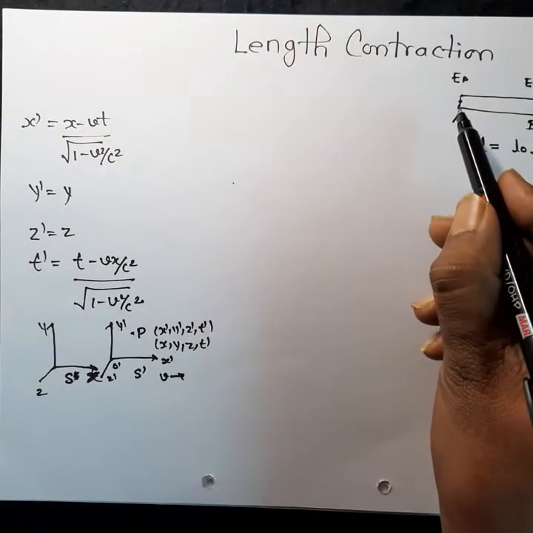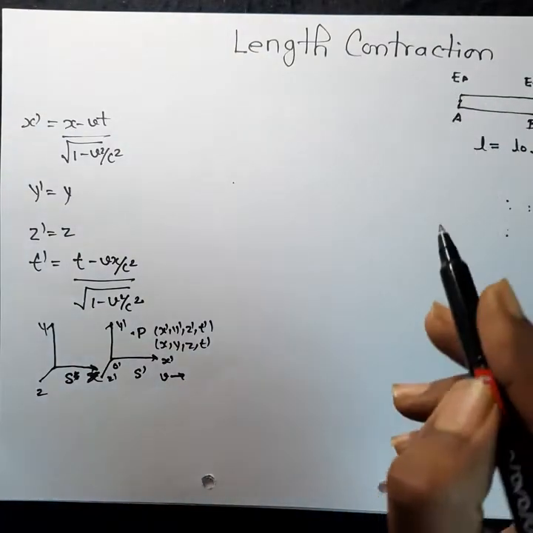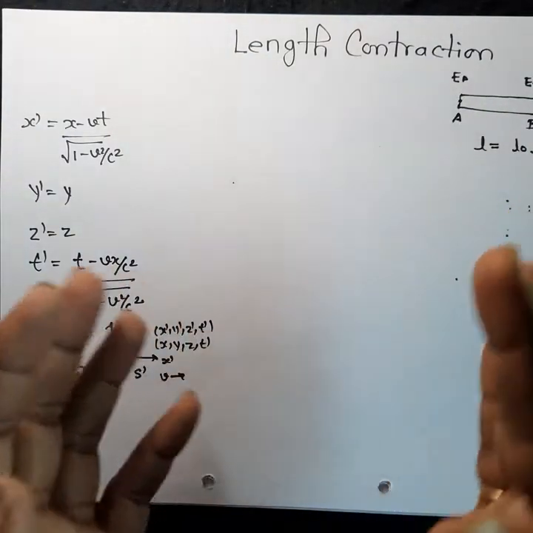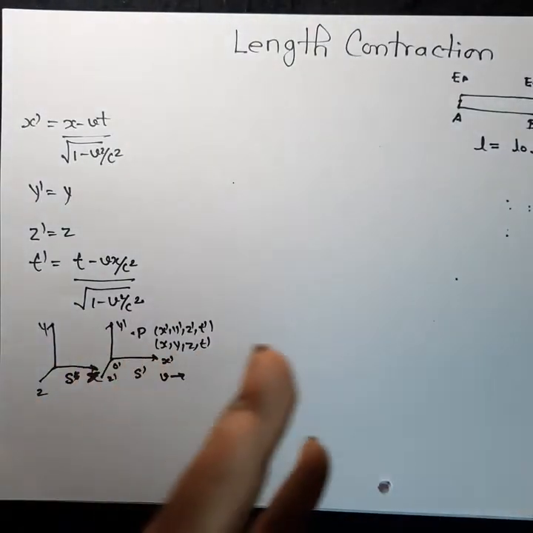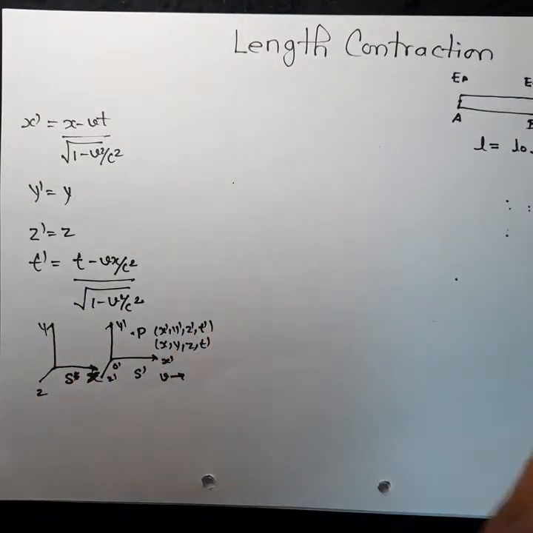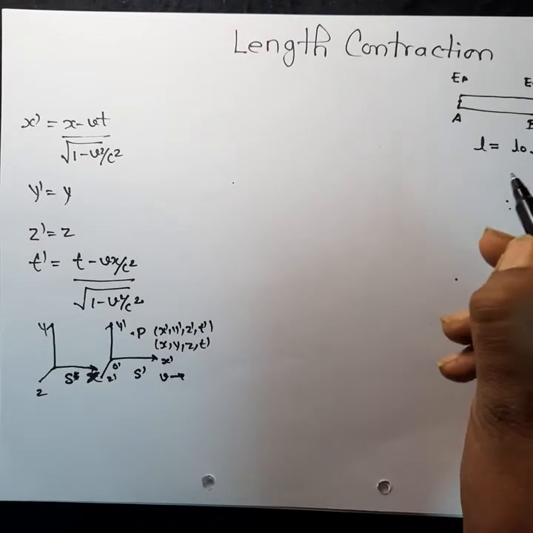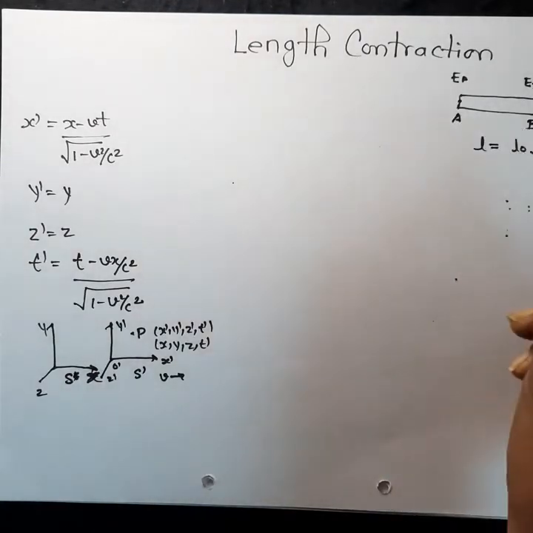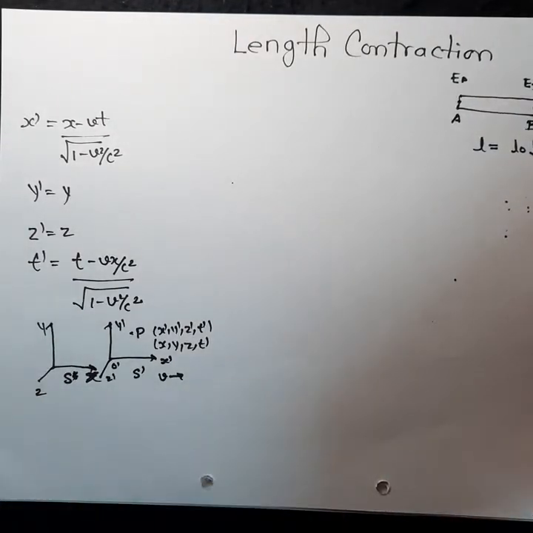You use a measuring scale and note the coordinates. After noting the coordinates, you subtract them and you get the length. So this is the usual process, that is how you measure the length of any rod.